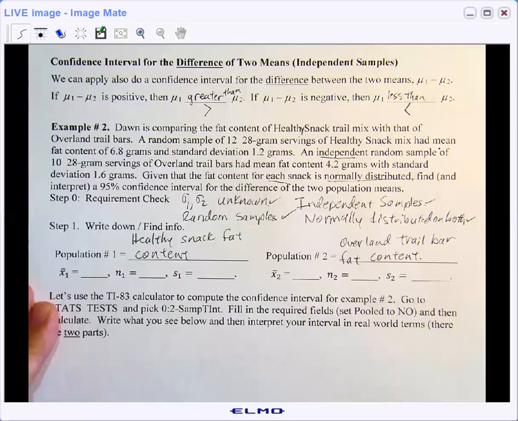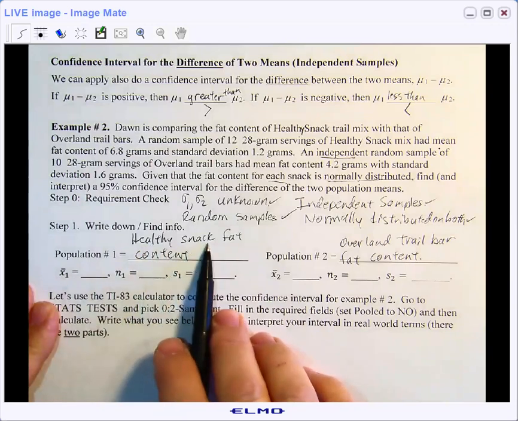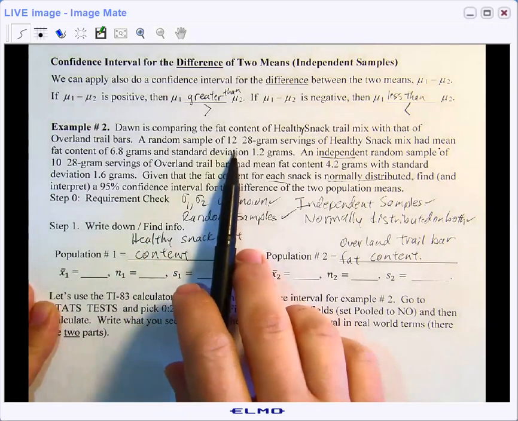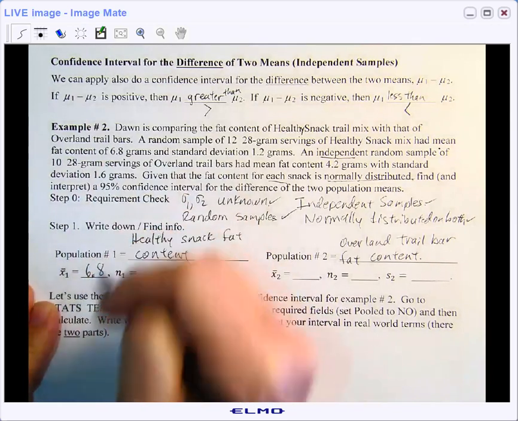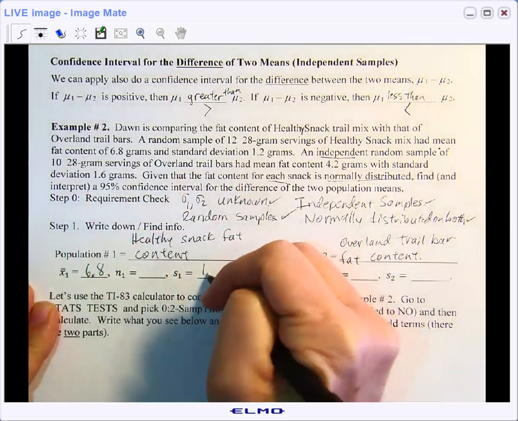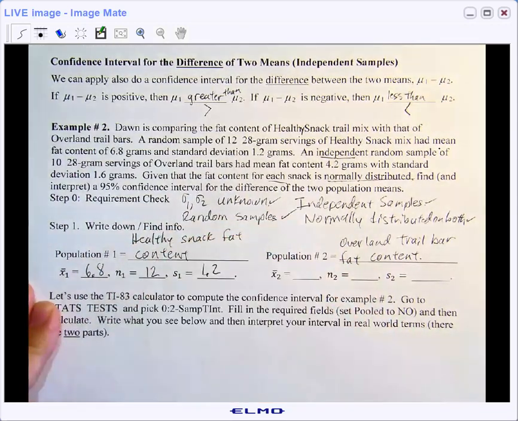So let's keep going. Since healthy snack was the first sample, our average fat content from that was 6.8 grams, our standard deviation was 1.2 grams, and we had a sample of 12.